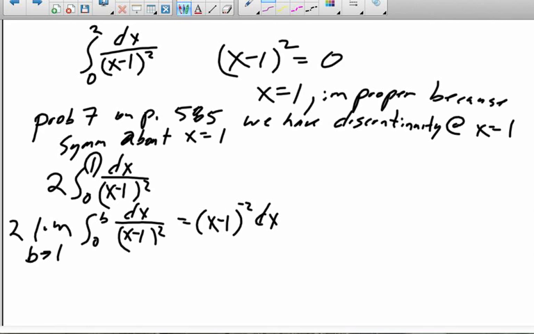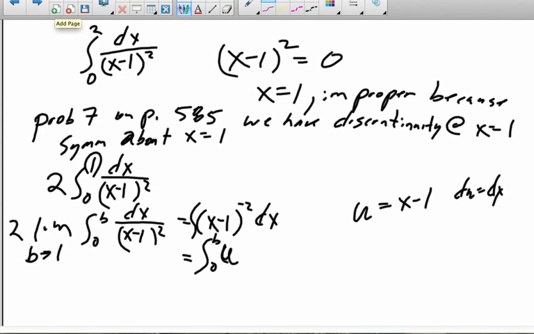And this is a u sub. u is going to equal x minus 1, and du is dx. So essentially what I'm integrating here is the integral from 0 to b of u to the negative 2 du.